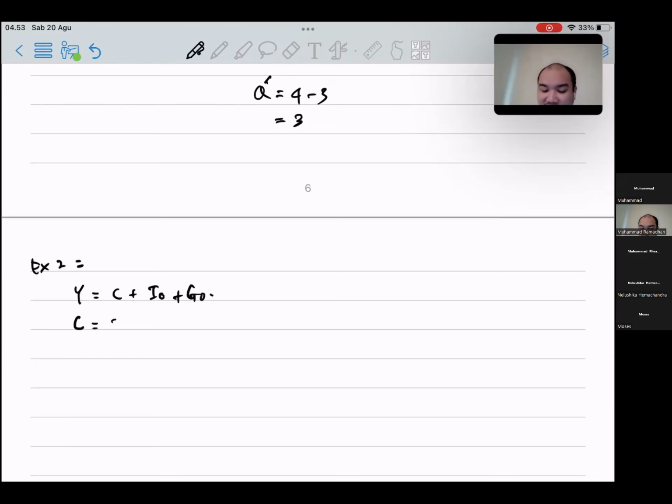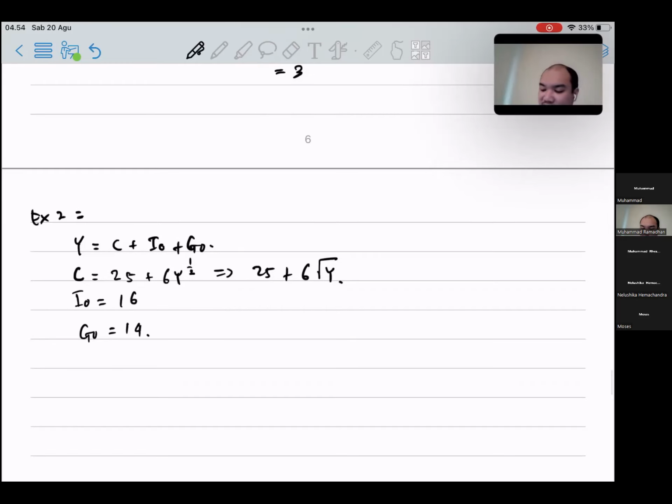And then c is 25 plus 6y to the power of half, or it can be written like 25 plus 6 square root of y, and E0 is 16 and G0 is 14. So you are asked to solve Y star and C star, Y equilibrium and C equilibrium.